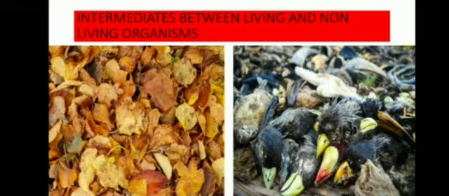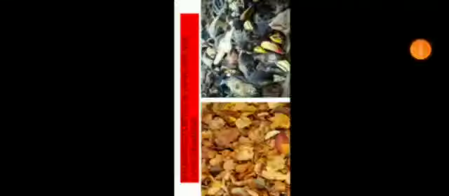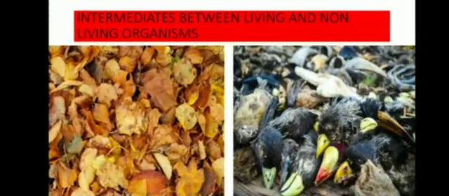Dead plants, animals or any other living beings decompose to form non-living constituents. As they are decomposing to form non-living constituents, we cannot say that they are not living things, but we can say these dead plants and dead animals are intermediate things.